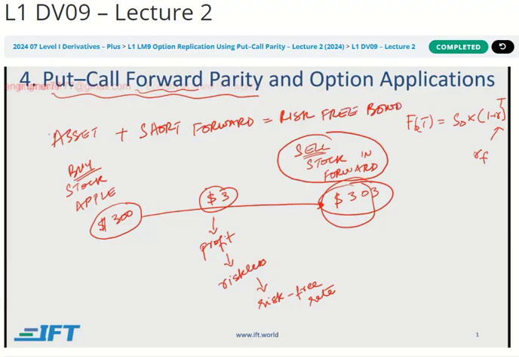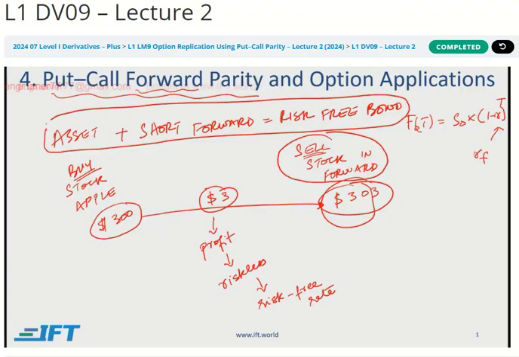Now this is the relationship that we have discussed earlier, and we are just revising it right now because it is what is being used in this put call forward parity: an asset plus a short forward is equal to a risk-free bond.